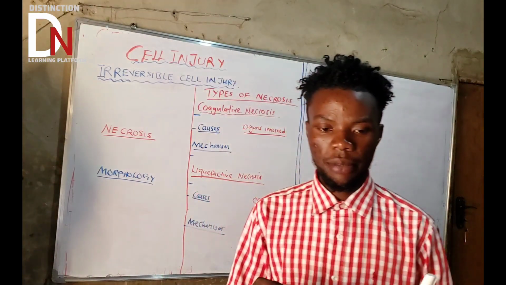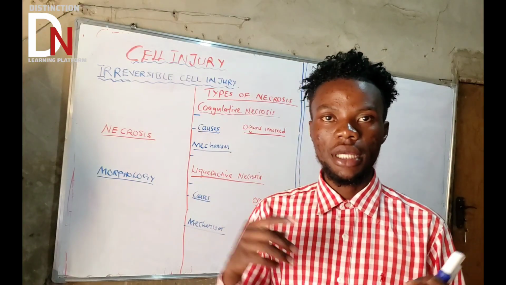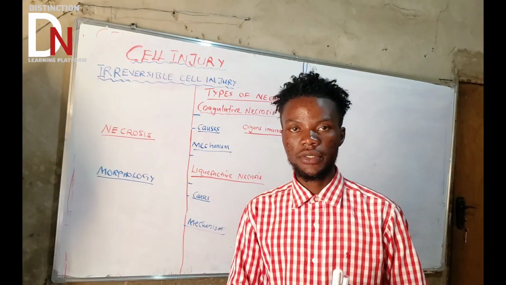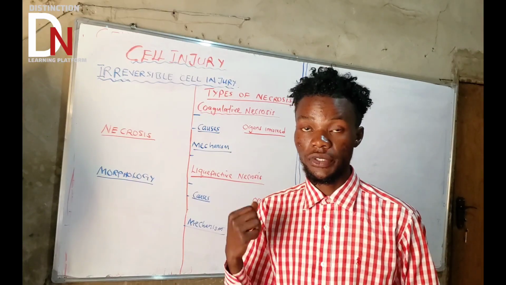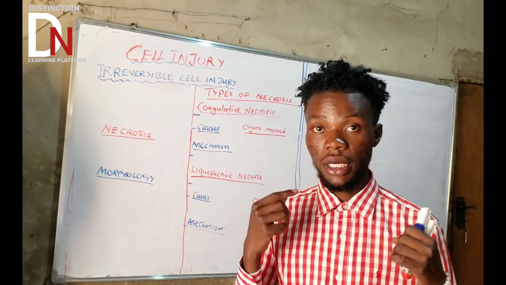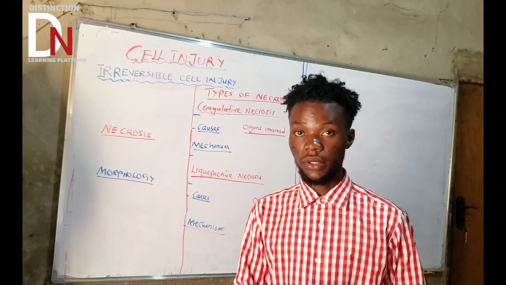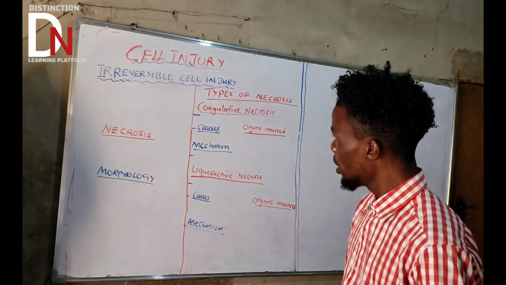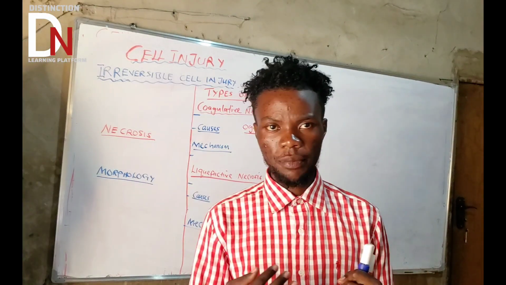Cell injury is damage made to the cell because it was exposed to noxious or injurious stimuli. Remember that stress stimuli can also lead to cell injury. Why? Because that stress stimuli may be progressive and severe, leading to cell injury.